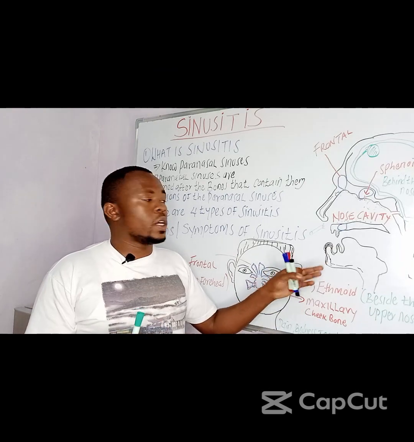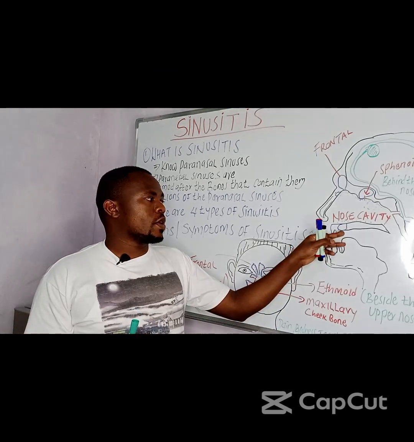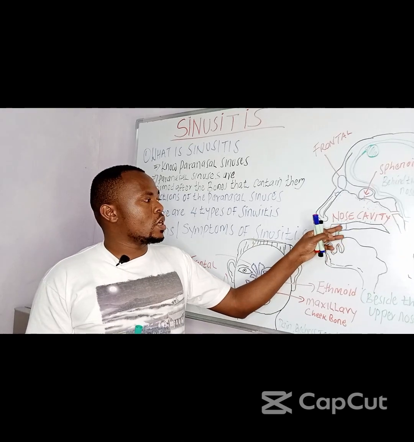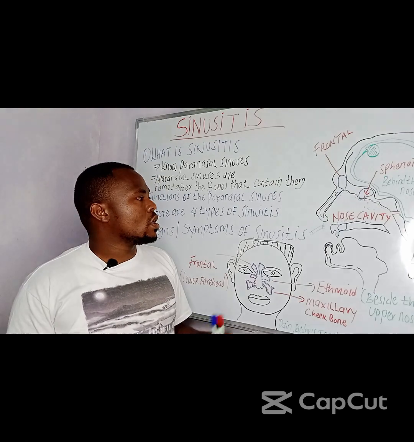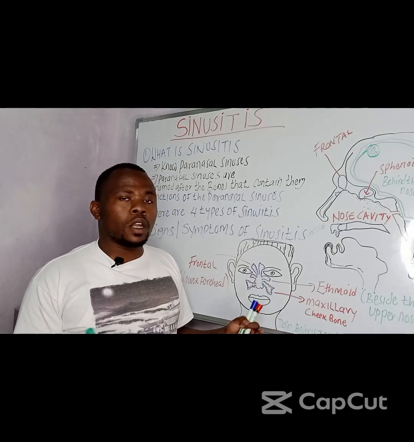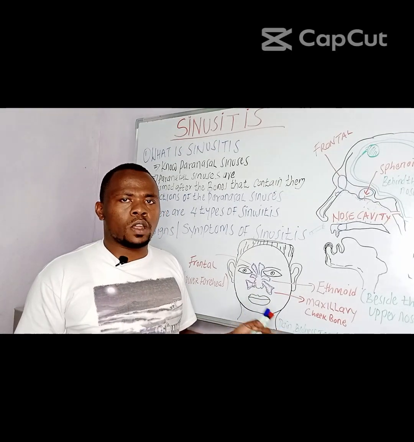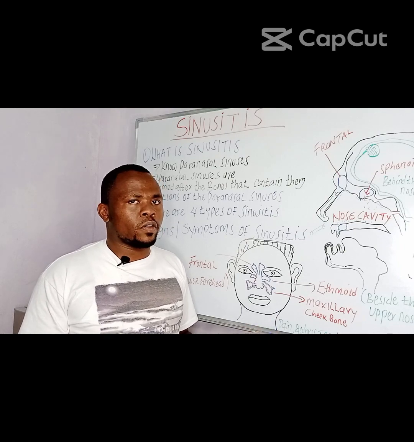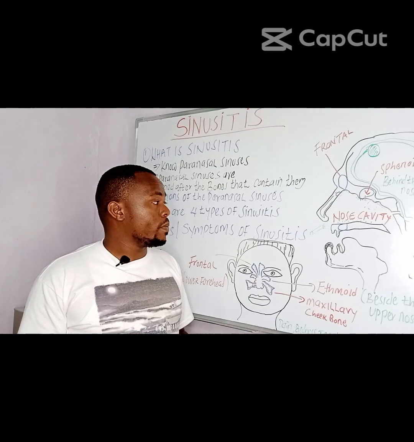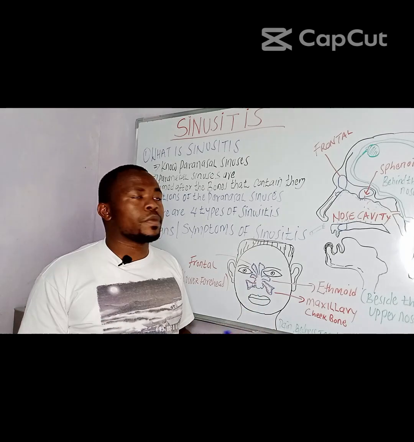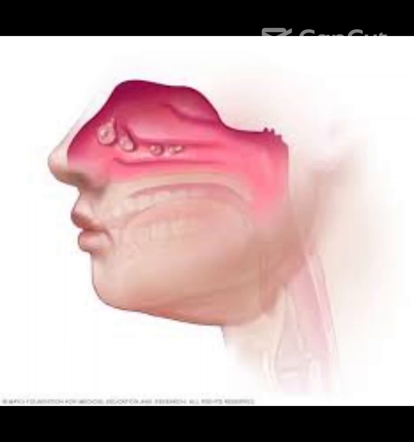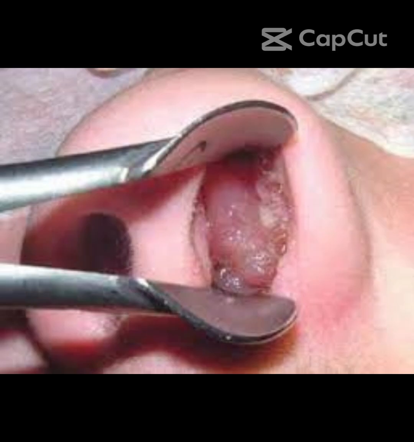This tooth will spread the bacteria to the sinus and result in sinusitis. Another non-infectious cause is other conditions like asthma, cystic fibrosis, and HIV. Number four, we have nasal polyps or nasal tumors. These are growths that can occur inside your nose cavity.